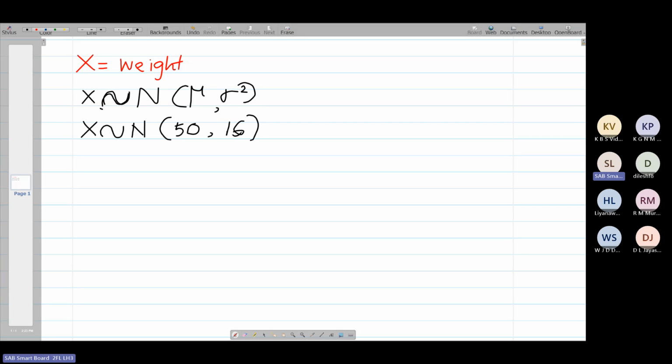Variance is 60. We assume this weight is a continuous random variable, followed by the normal distribution. The mean value is 50, variance is 60. And then tell me, for this distribution, what is the median value?